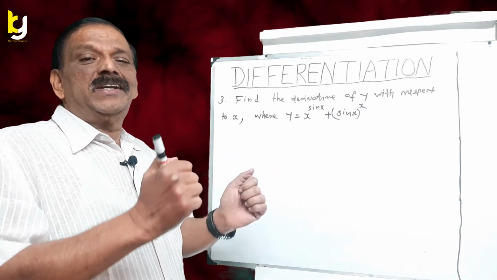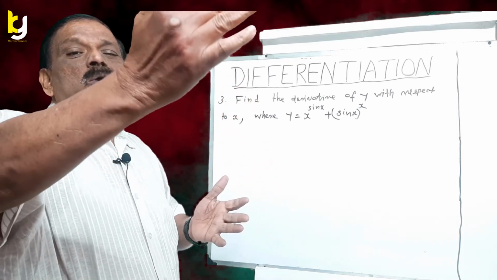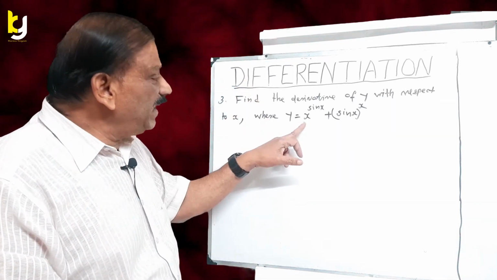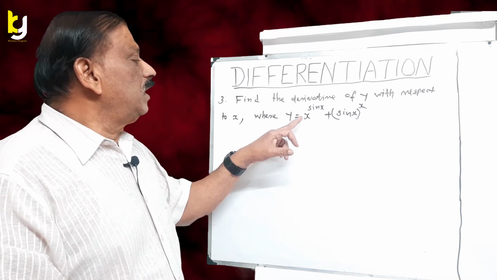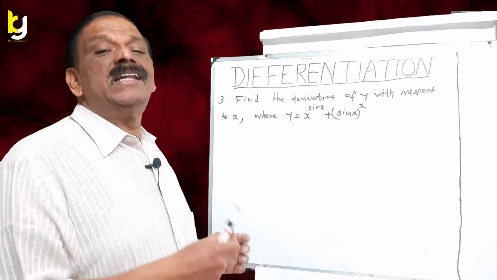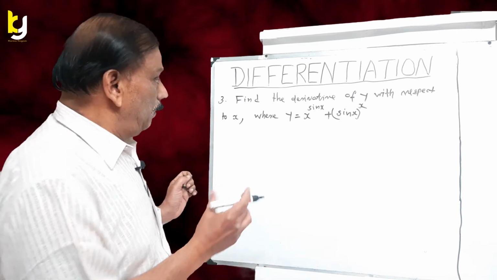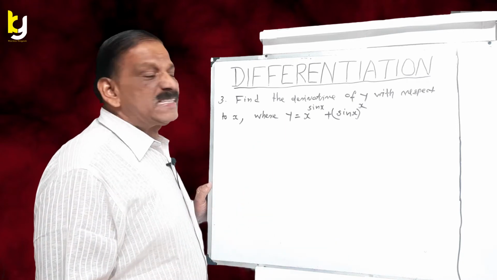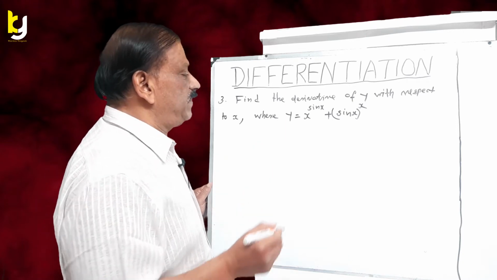We must take 10 kilo, 20 kilo, 30 kilo and 100 kilo at last. Similarly, we had already studied dy by dx of x to the power of sin x in the last problem.